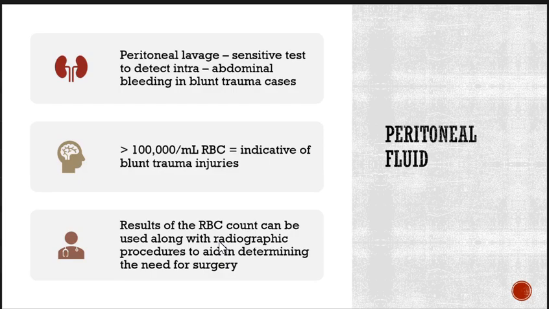Okay, so for us to get peritoneal fluid, often done is a peritoneal lavage. So this is a sensitive test to detect intra-abdominal bleeding in blunt trauma cases. If there is greater than 100,000 RBCs per uL, okay, so it is indicative of blunt trauma injuries.